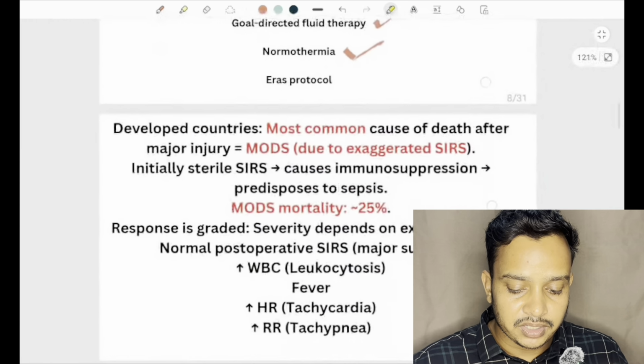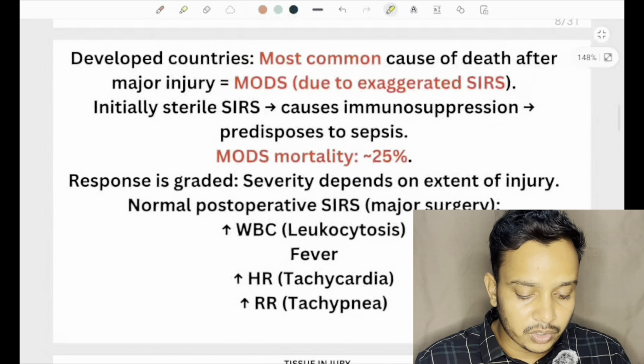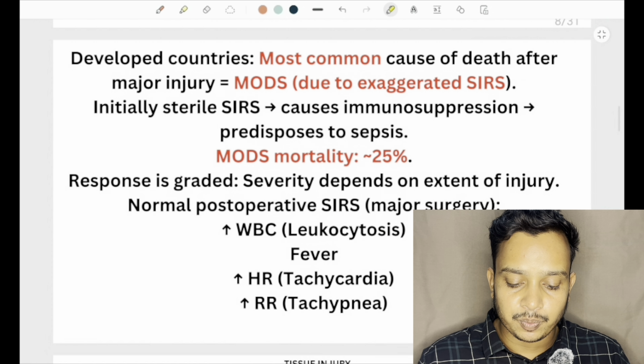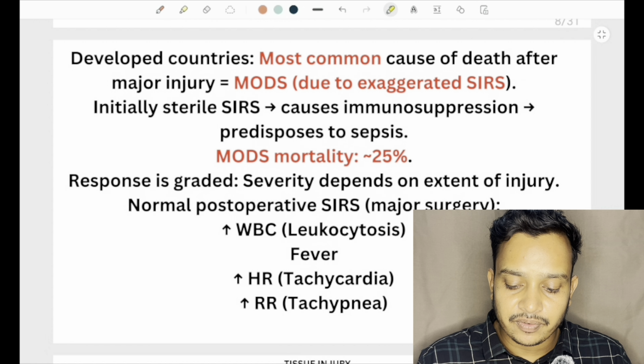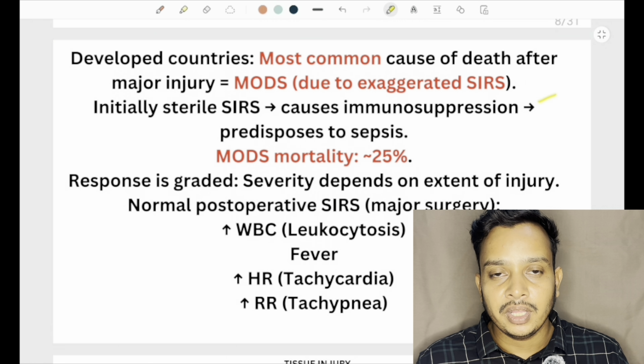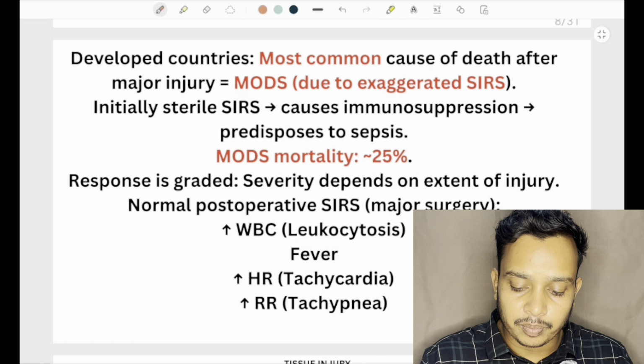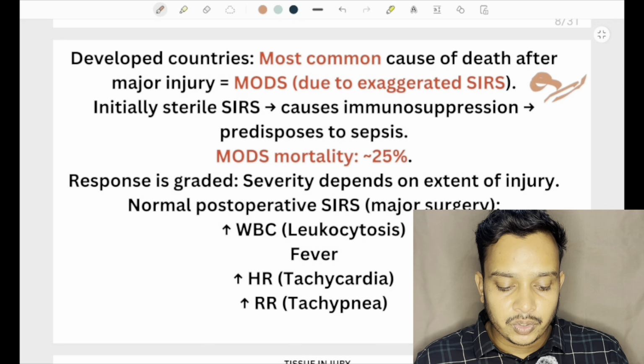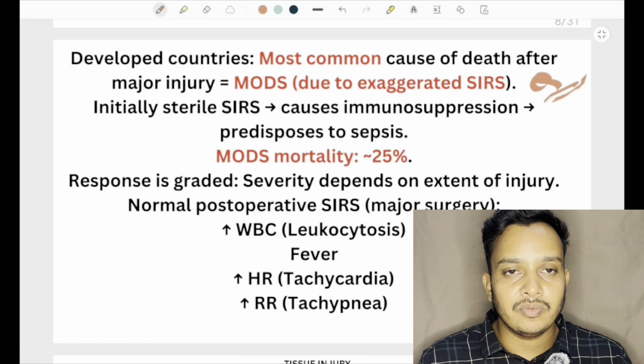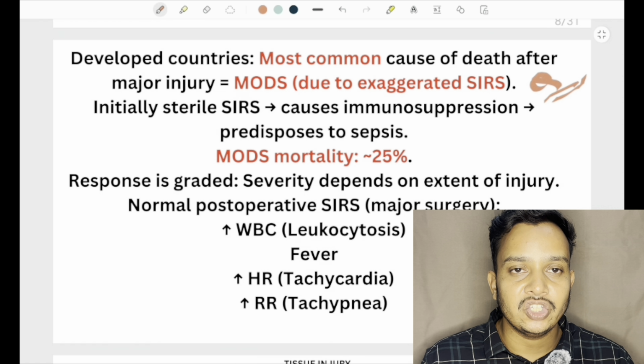As we discussed, in developed countries the most common cause of death after major injury is our exaggerated systemic inflammatory response syndrome that leads to MODS, and that leads to death in the majority of developed countries. Whenever systemic inflammatory response syndrome happens, it is initially sterile.